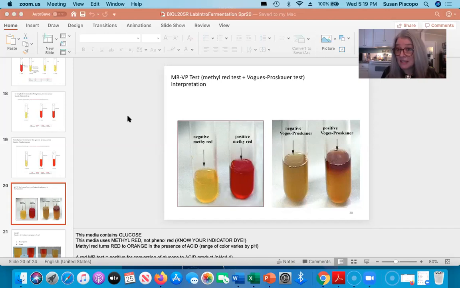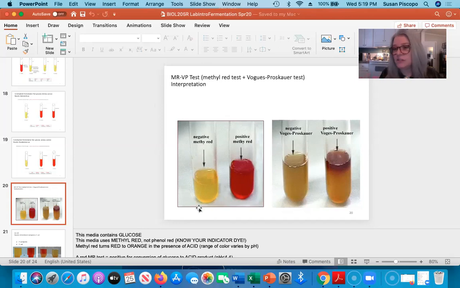Depending on how acidic it is, you'll either get an orange color change or a red color change. And at the bottom of this slide in the notes section, I've got those details written down for you. So for now, understand that a yellow result is a negative result for methyl red. It means that the organism did not ferment and produce an acid.